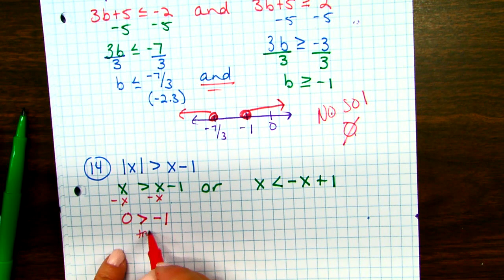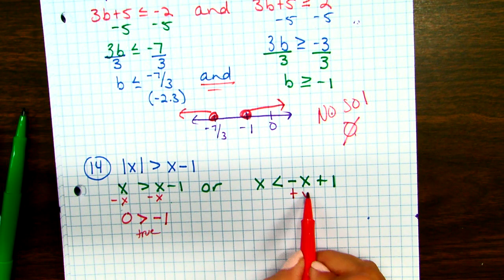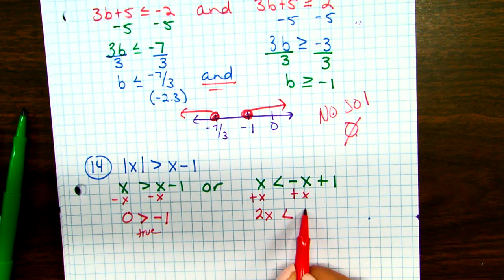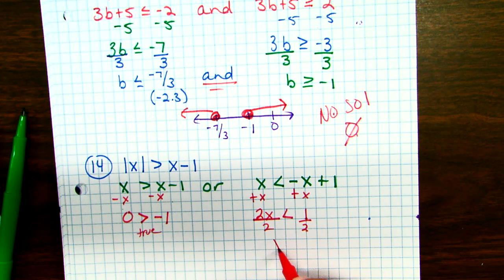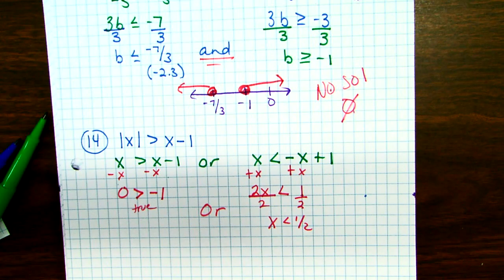That's true. I mean, you don't have to write true, but just keep it in your mind. Look what happens here. We have x plus x is 2x. So we get this weird thing happening here, okay?